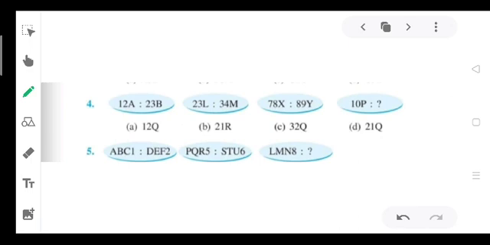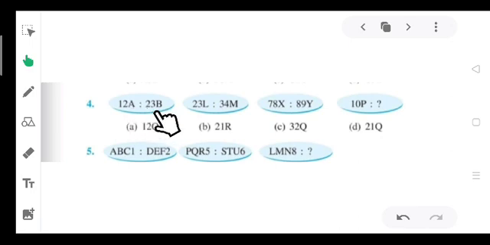Next question. Question 4. 12A, 23B. So firstly check this. It is first number 1. Here it becomes 2, next number. 2, here it becomes 3, next number, forward counting.